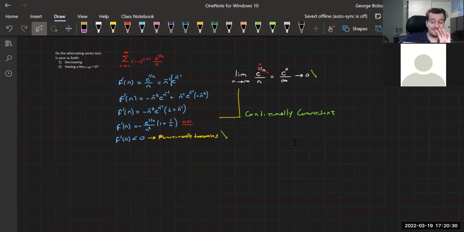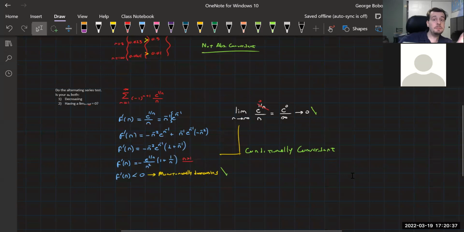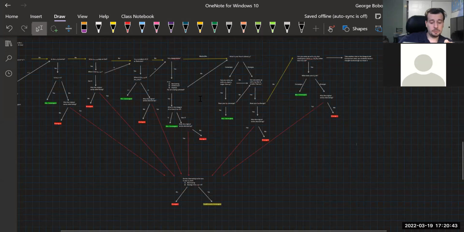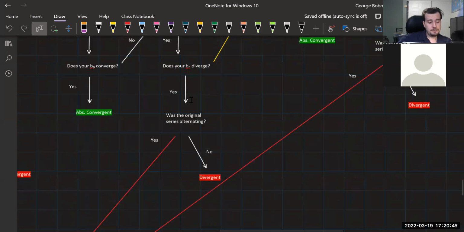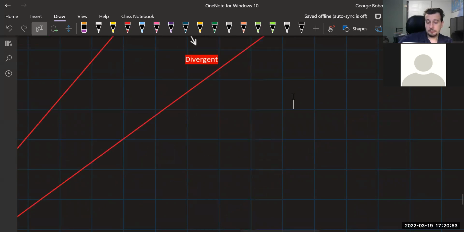Because this is set. Once you find here that it doesn't absolutely converge, do the alternating series test if you even have to, Kelly. Because you might not have to do the alternating series test: if we answered no on this question, it's just divergent.